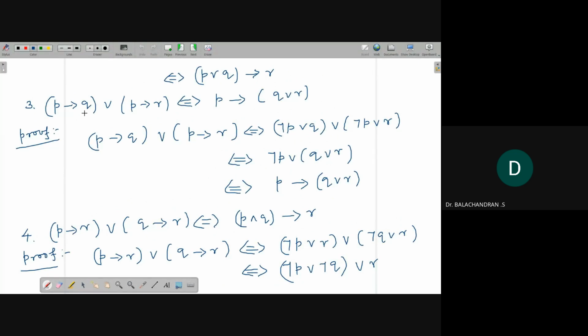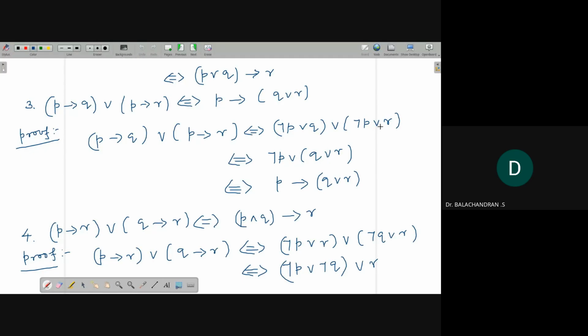For the third one, P implies Q or P implies R is equal to P implies Q or R. I'll take the left hand side. P implies Q is what? Negation P or Q, or P implies R is negation P or R. So you can see everywhere you have what?